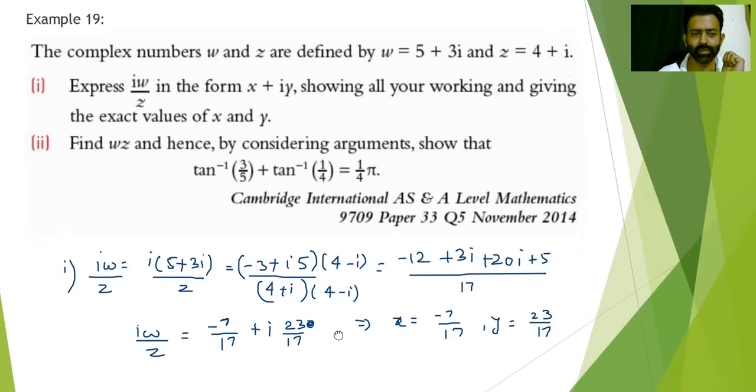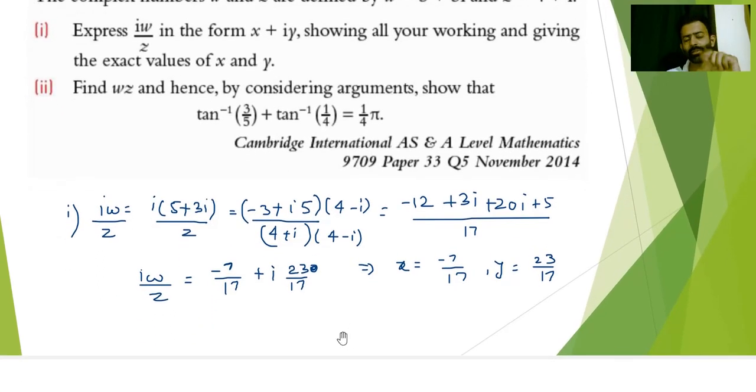The second part is to find wz, and hence by considering the arguments show that tan inverse 3 by 5 plus tan inverse 1 by 4 is pi by 4. Although we have an identity in inverse trigonometric functions that tan inverse x plus tan inverse y is tan inverse of x plus y over 1 minus xy, since inverse trigonometric functions are not part of the syllabus of 9709, we cannot apply the identity, right?